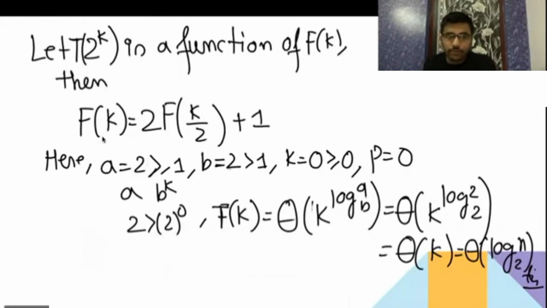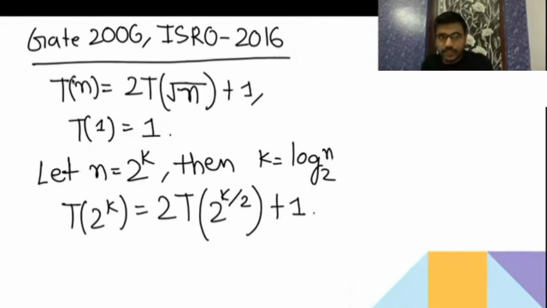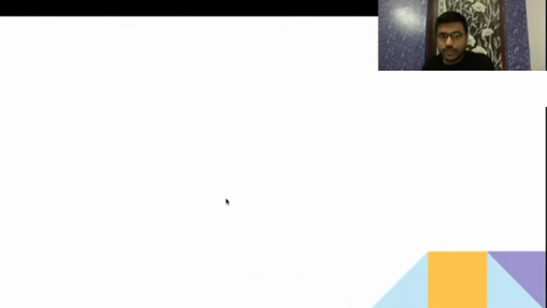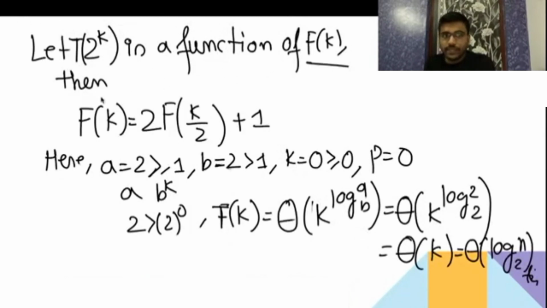In that way only you have to do. See, this is the question that we have seen. So you have to assume T(2 to the power k) is a function of F(k). Is it clear? Does anyone have any doubt? See, this was the question.